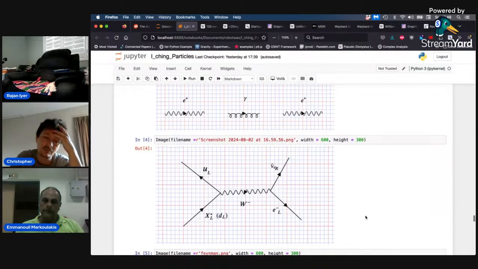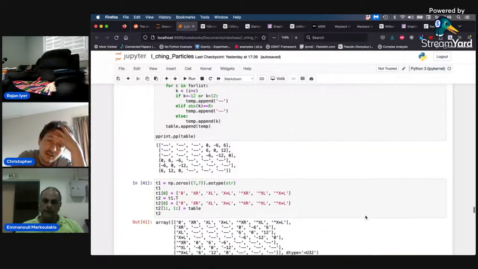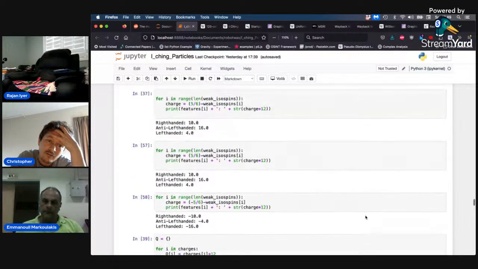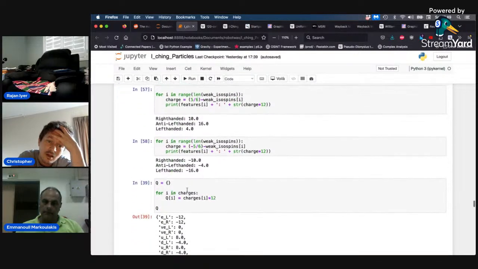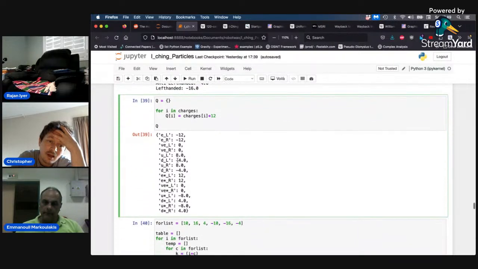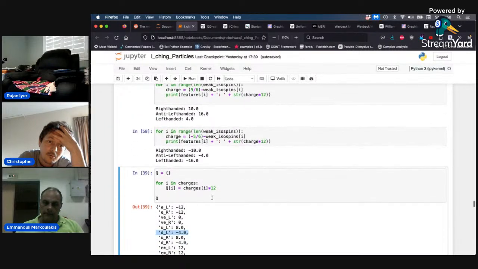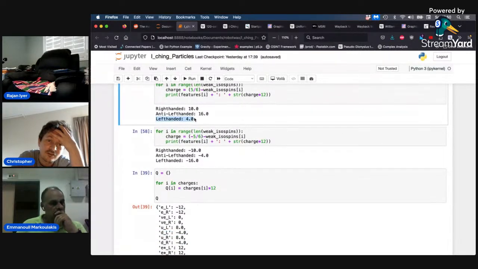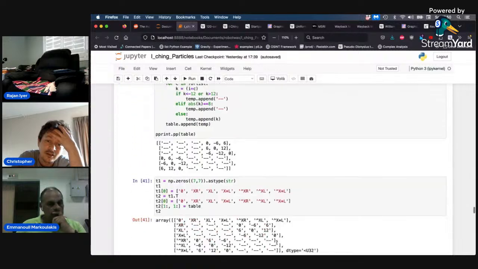Now, there's another issue, which is that the charge of the left-handed Wen particle and the anti-left-handed particle is the same as the charge for the down particle. So we could ask, are these functionally the same object?